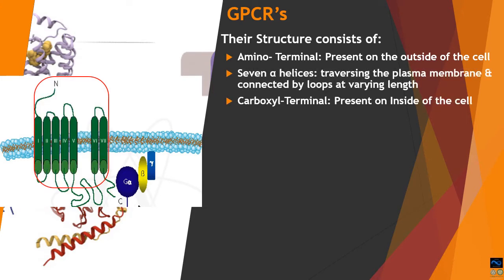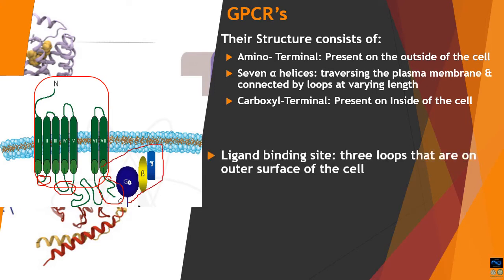The seven alpha helices traverse the plasma membrane. These helices are connected together by loops of different lengths. Then there is a carboxyl terminal end, which faces the cytosol and interacts with the attached G proteins.